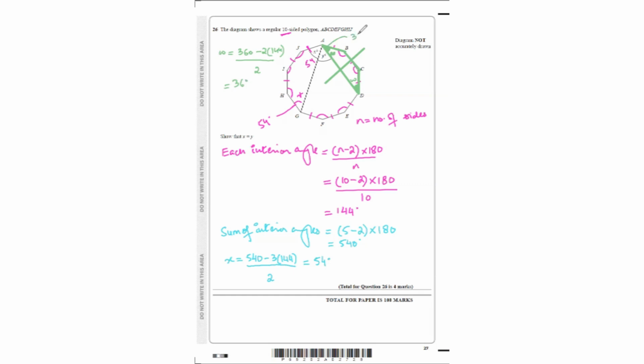So this angle is 36 degrees. Now since we know that each interior angle equals 144, to find y, we do 144 minus 54 minus 36, and that also gives us 54 degrees. So this is how we can show that x and y are equal.